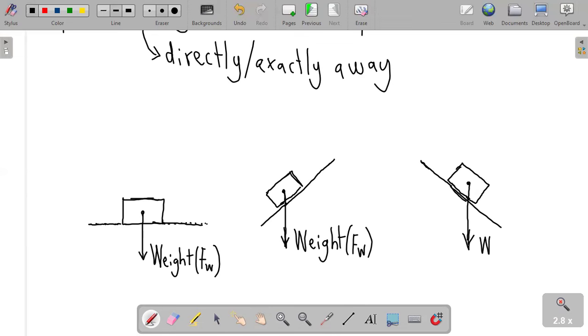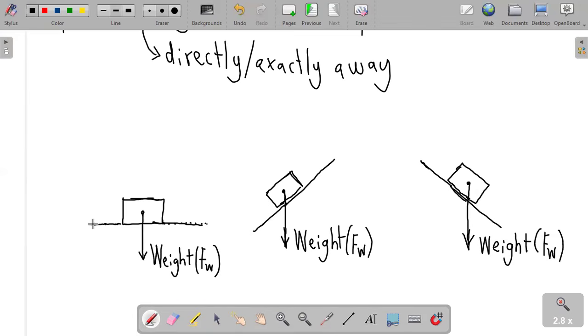Now the normal force is always perpendicular, meaning it's acting directly away or exactly away from the surface.